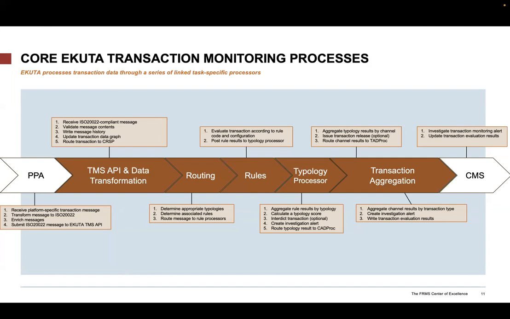The other one is Banks of Africa. They're both using ISO 20022, but they both use it differently. They both act on the messages differently. So that is done in the PPA adapter to then give us kind of that flat amount of data that goes through the system and goes through the TMS API and so on.